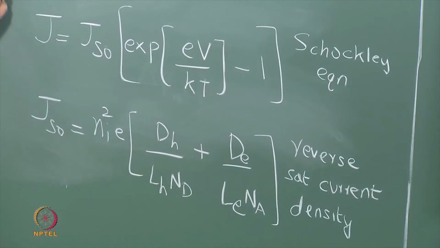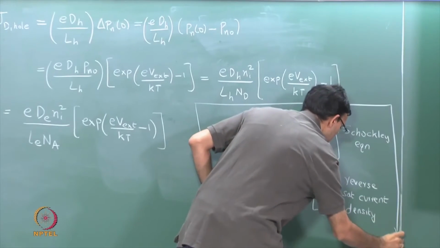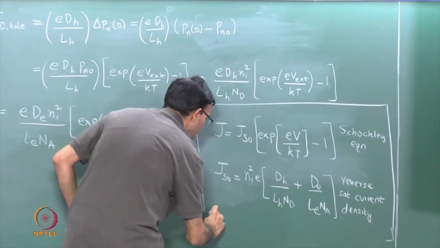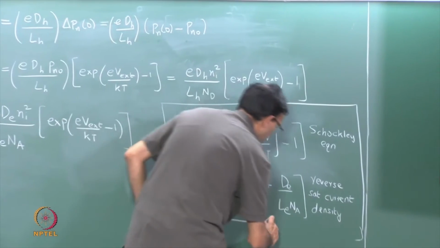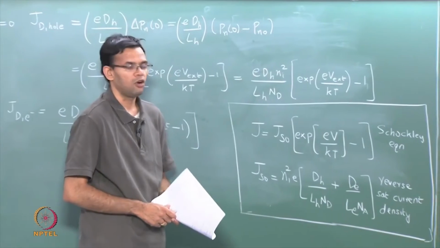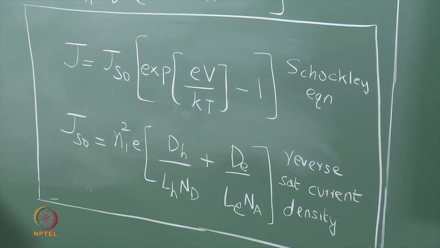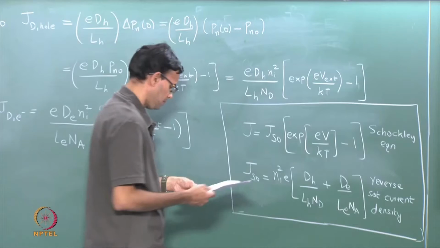So this represents the total current in a PN junction. In the case of a forward bias, the current is because of diffusion of the minority carriers, so electrons on the p side, holes on the n side. The current depends upon the external potential, so higher the value of V, higher the current.